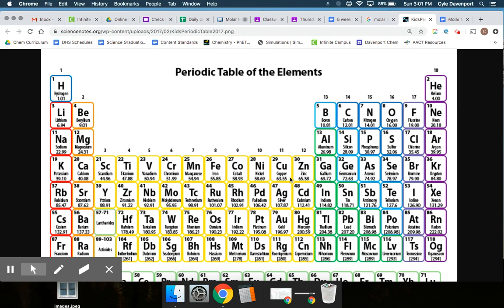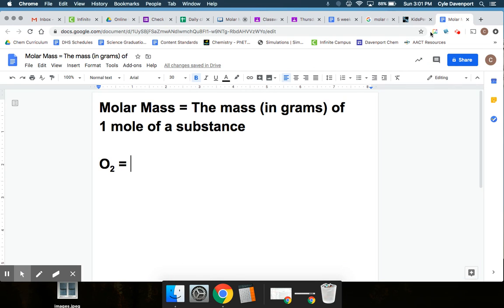All of these numbers on the periodic table are like that. If I have 55.85 grams of iron, then I have 1 mole of iron. Knowing that, we can come back here. I want you to notice that we're looking at oxygen as O2, not just O. So what we need to do here, we know that each oxygen is 16.00, and we have 2 oxygens total.